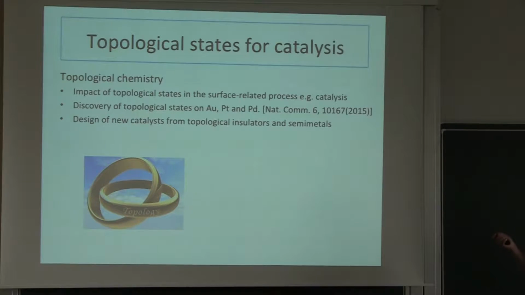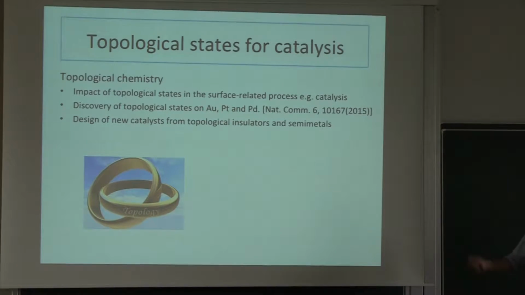And since they are on the surface, whether they can affect or do something for surface-related processes, like electron travel on the surface, or even a kind of ambitious proposal, whether they can work for catalysis, like in chemical reactions, whether catalysis can happen.